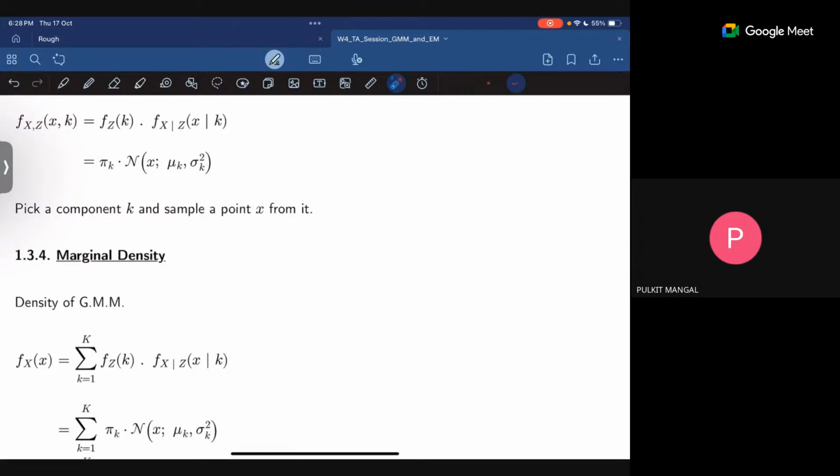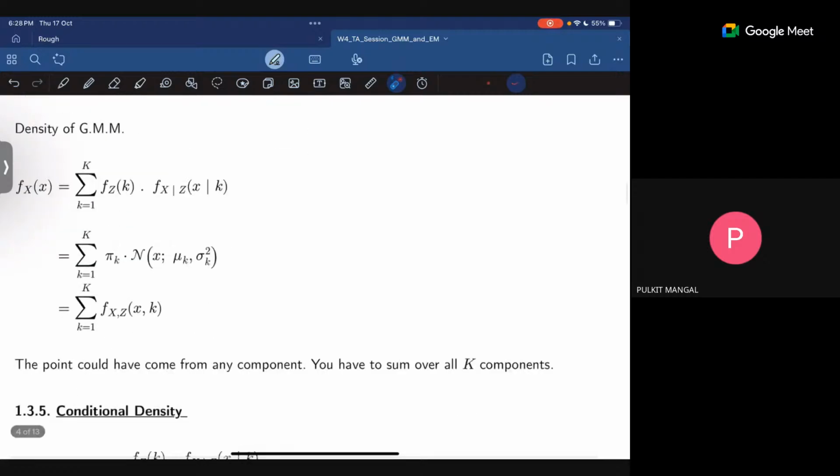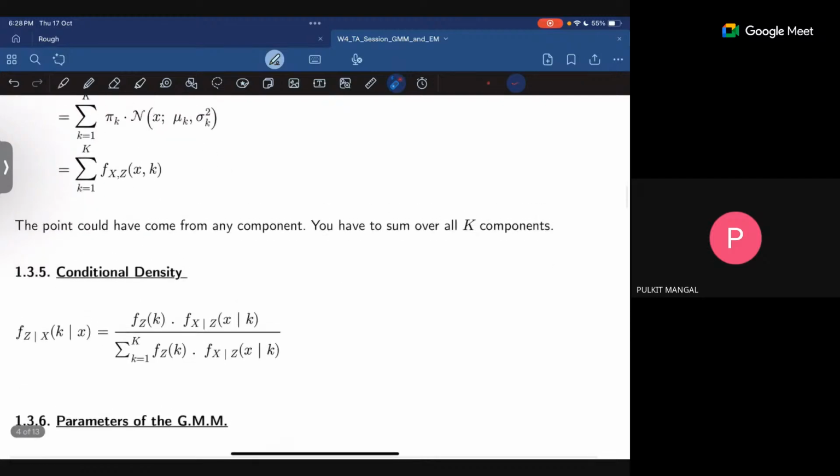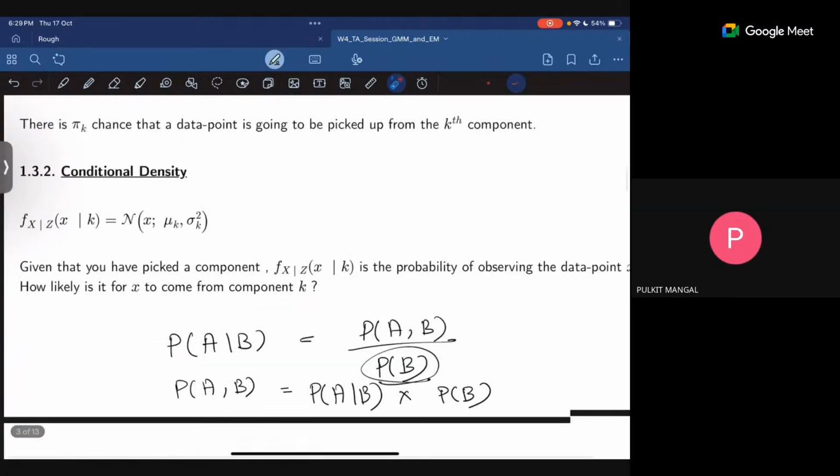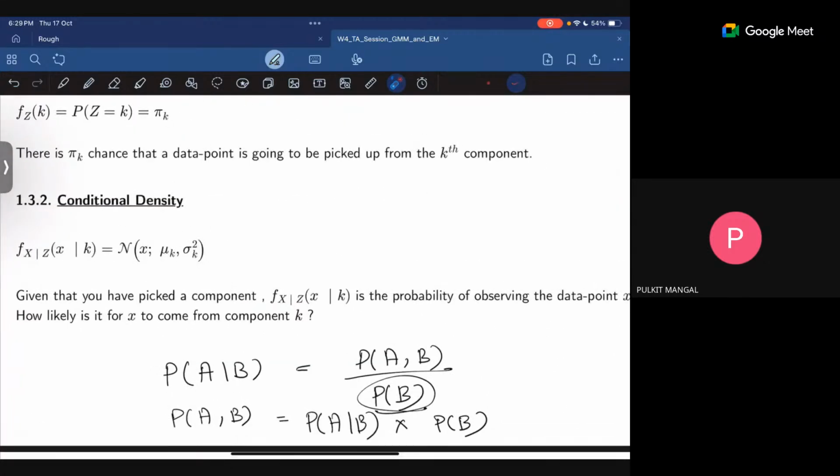Okay, good. Now the final thing is again a conditional density, but this time it is a different conditional density. Before, our conditional density was that you choose one component, and then ask the probability of x belonging to it.